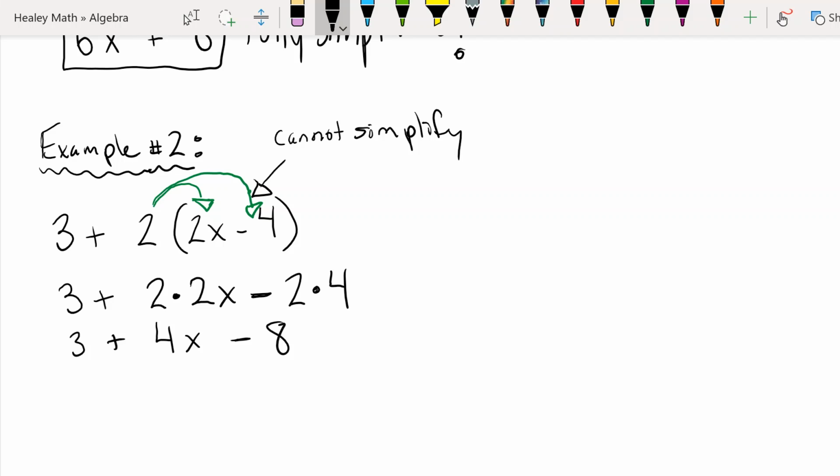At this point, we've used the distributive property. We've simplified. However, we should notice that we need to always look to simplify further.